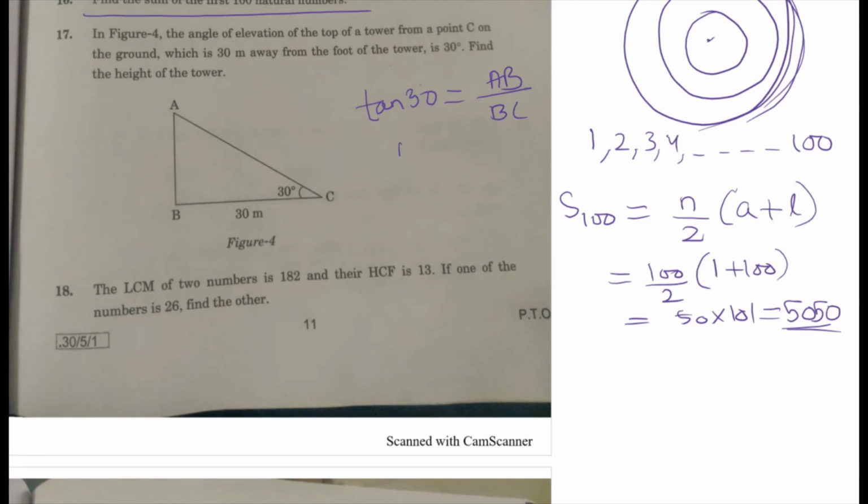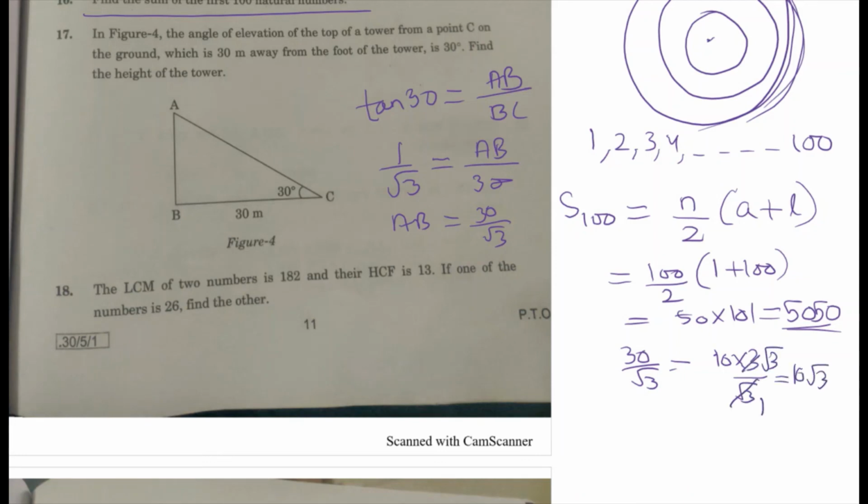The value of tan 30 is 1 by root 3, which equals AB, the height of the tower, by 30. So AB equals 30 by root 3. We can write 30 as 10 into 3, by root 3. Root 3 times root 3 is 3, so it equals 10 root 3 meters.